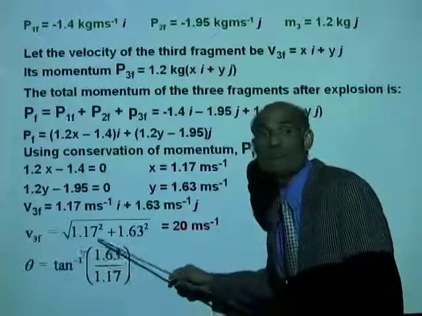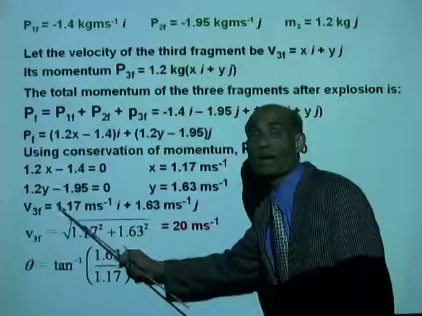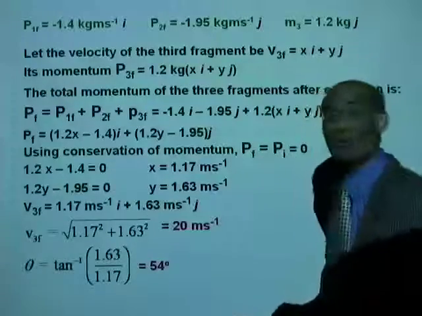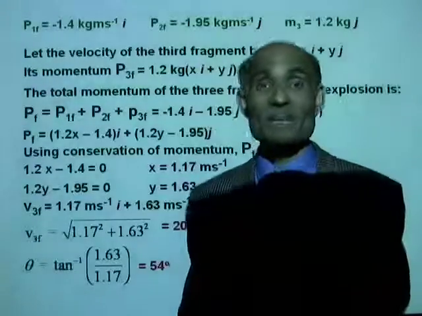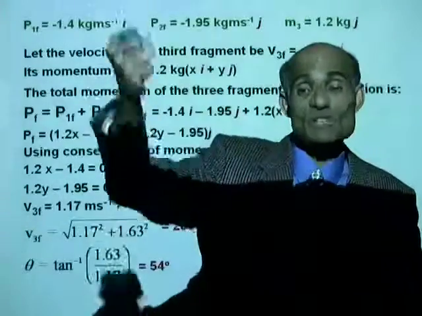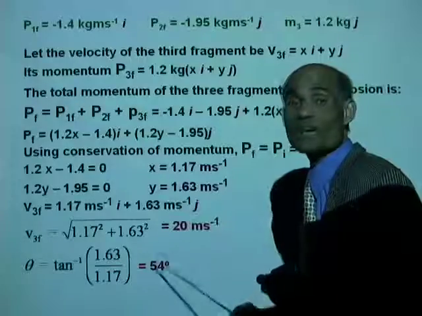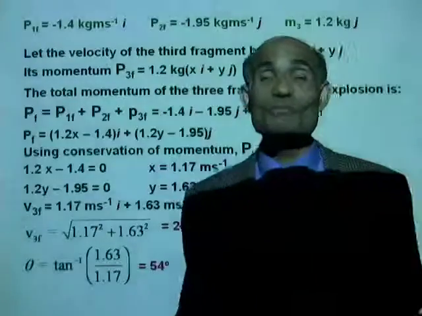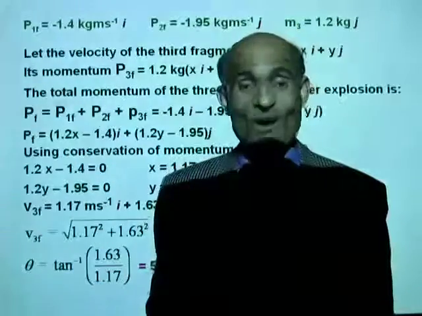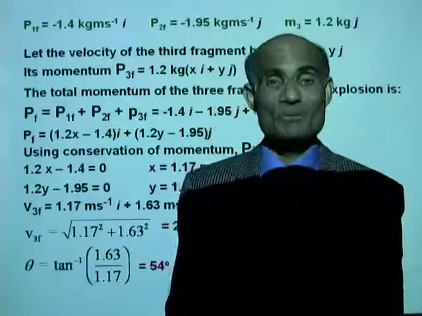Theta is tan inverse of y is 1.63, x is 1.17, and that is 54 degrees. That means after the explosion, the third piece will move with a velocity of 20 meters per second at an angle 54 degrees, so that the total momentum of the three pieces after collision is 0.